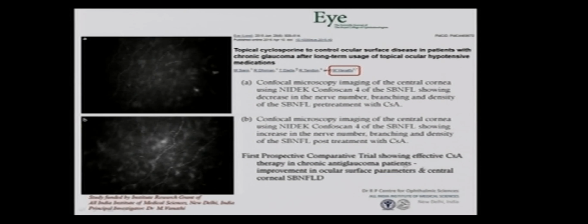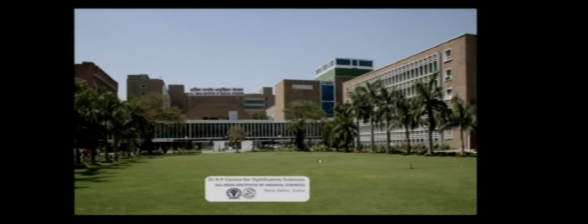We found strikingly significant results that topical cyclosporin therapy does add on and help when you're looking at chronic ocular surface diseases, by means of its immune modulating and anti-inflammatory effect. Thank you. I think I'll stop here and move on.